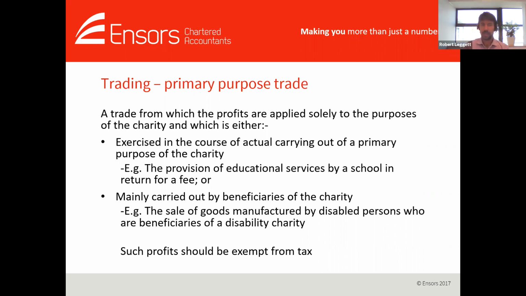Alternatively, you can also have the actual activities of the charity, the trade, being carried out by the charitable beneficiaries. So we see this in some charities where we have the sale of goods manufactured by disabled persons who are the beneficiaries of a charity that's to benefit disabled people. And if we meet these, then the profits should be exempt from tax as primary purpose trading, provided they are applied solely for the purposes of the charity.